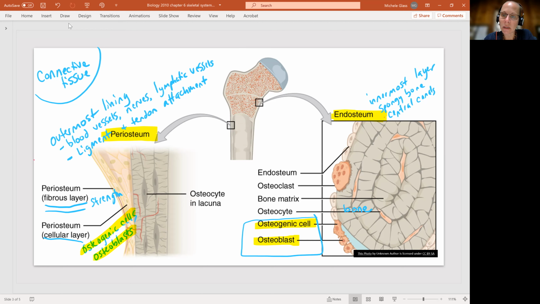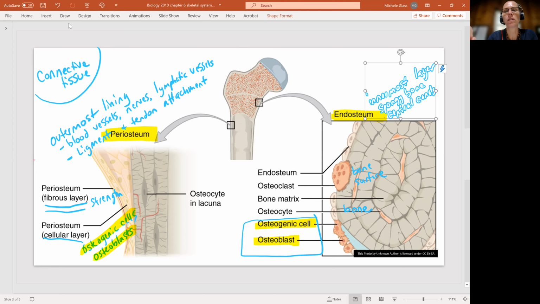And when we talk about these osteoclasts, we're going to talk about them as mostly being found on the bone surface. So where the endosteum is layering directly on the bone, then it makes sense that we're seeing this osteoclast as sort of here on the bone surface, almost looking like part of the endosteum, but a little bit separate.